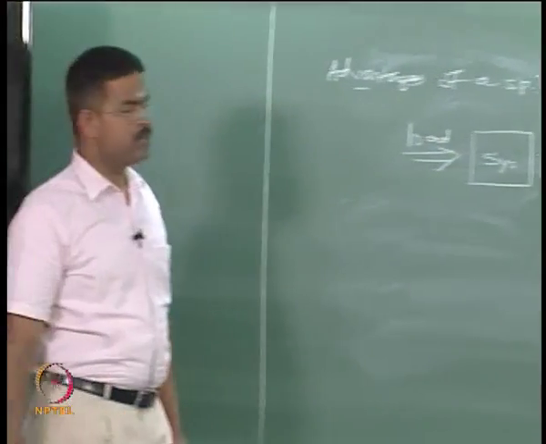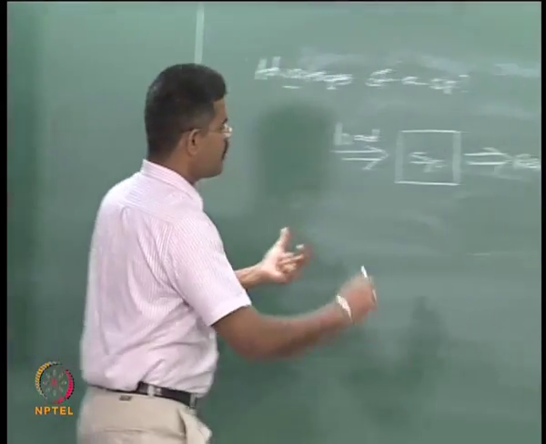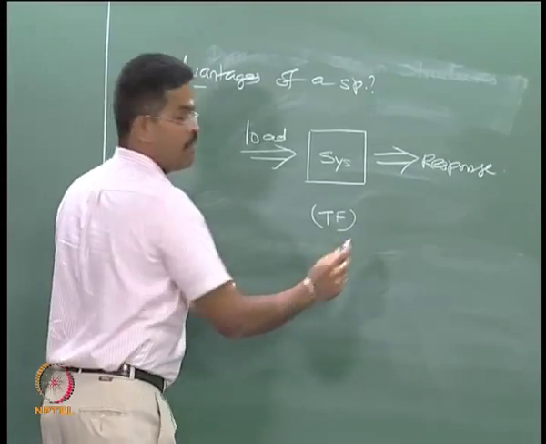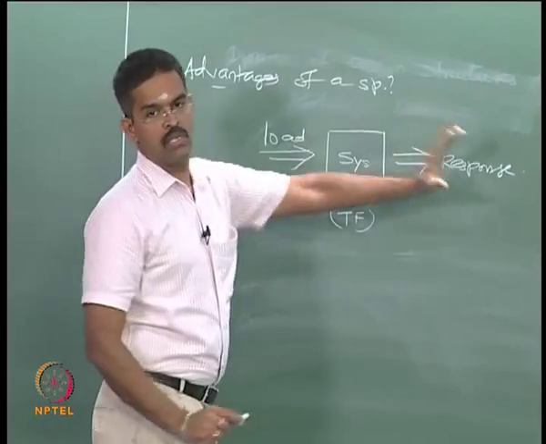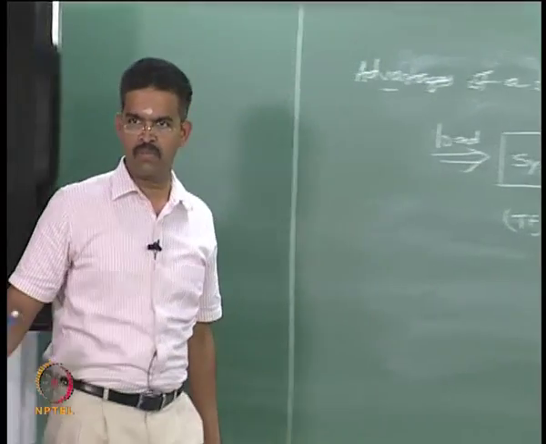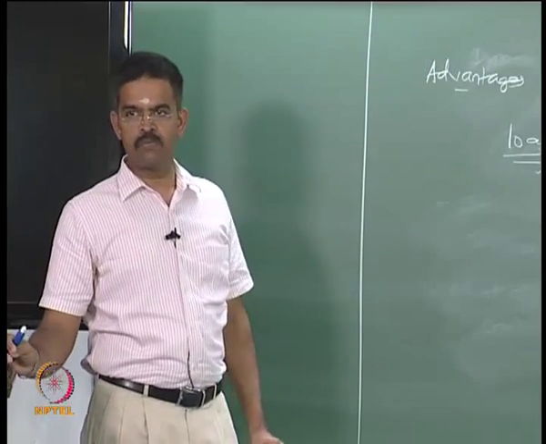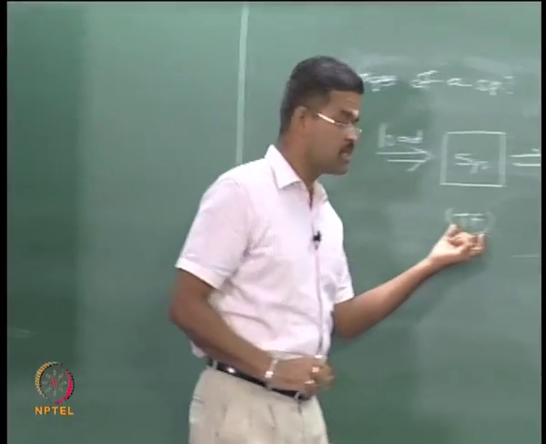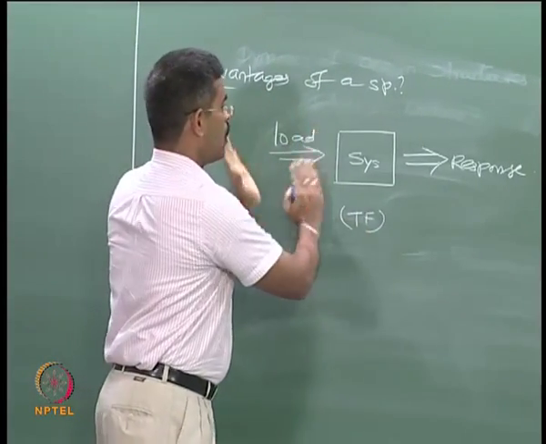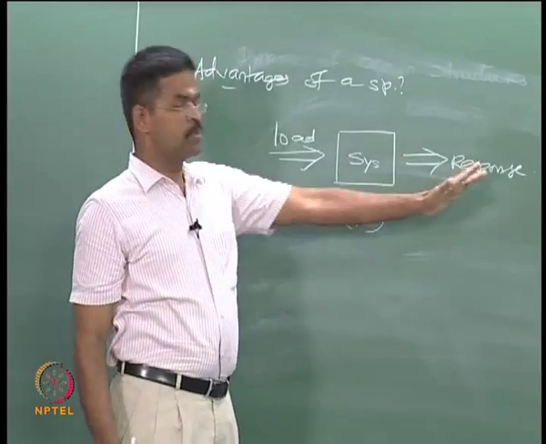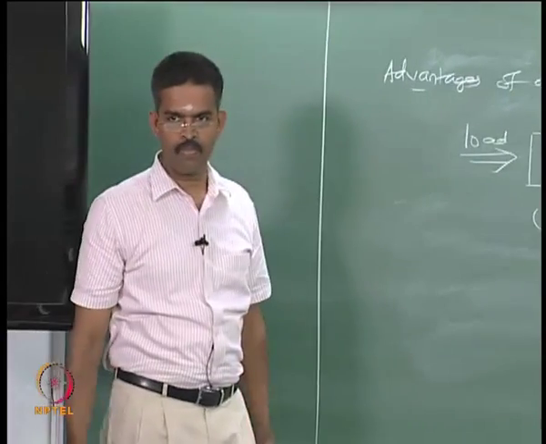My objective is to obtain a transfer function which gives me the mapping of, for a given load, what the response is. In the whole analysis, that is my objective. I must have a transfer function which gives me a mapping of the load onto a structure, giving a response for a specific load.